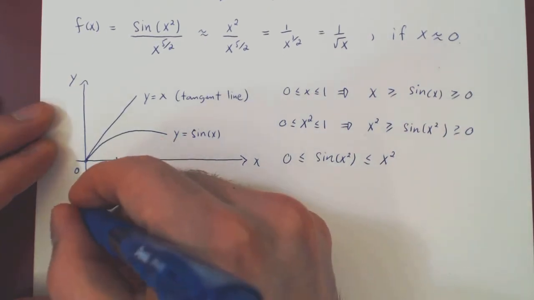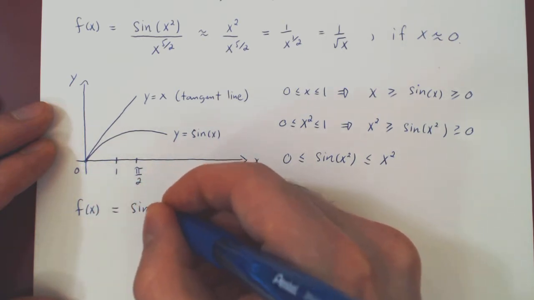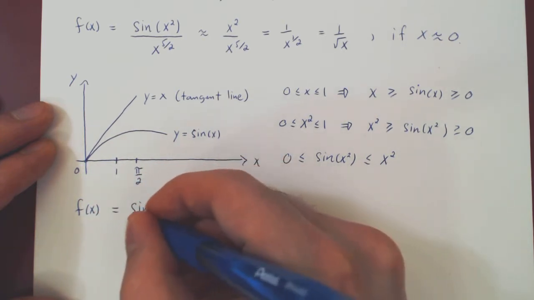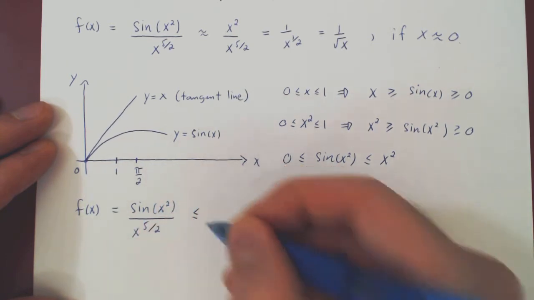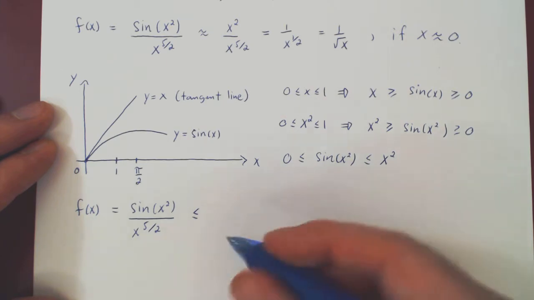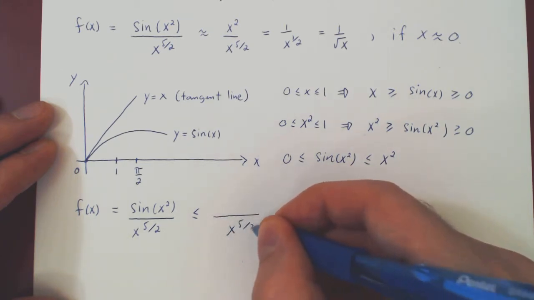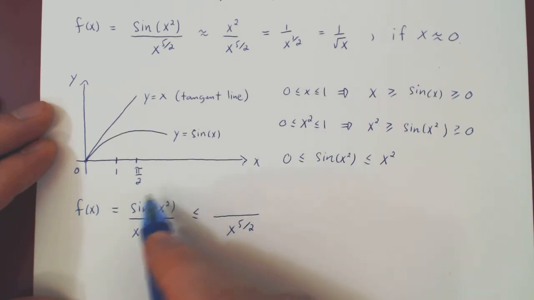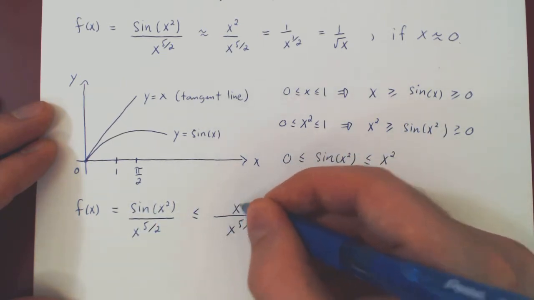So our function f of x, which equals the sine of x squared over x to the 5 over 2, will be at most, we keep the same denominator of x to the 5 over 2, and we replace sine of x squared by something that is larger, namely x squared.